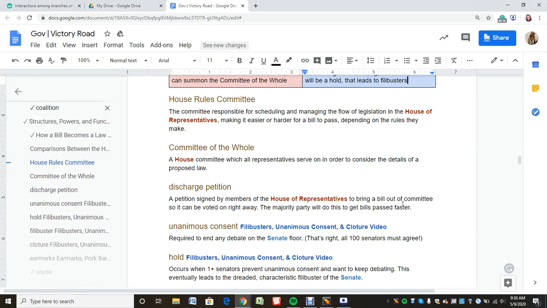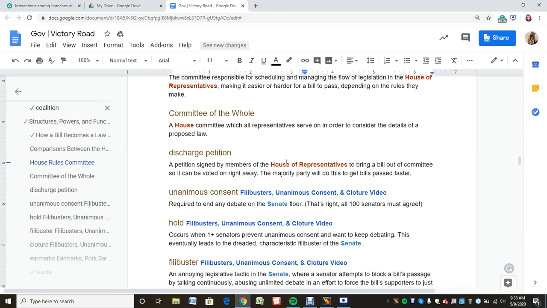So, as we mentioned, we talked about the House Rules Committee. They're very powerful. We also talked about the Committee of the Whole, which is actually a House committee, and it's unique to the House, in which all the representatives serve in order to consider the details of a proposed law. So they can be summoned then by the House Rules Committee.